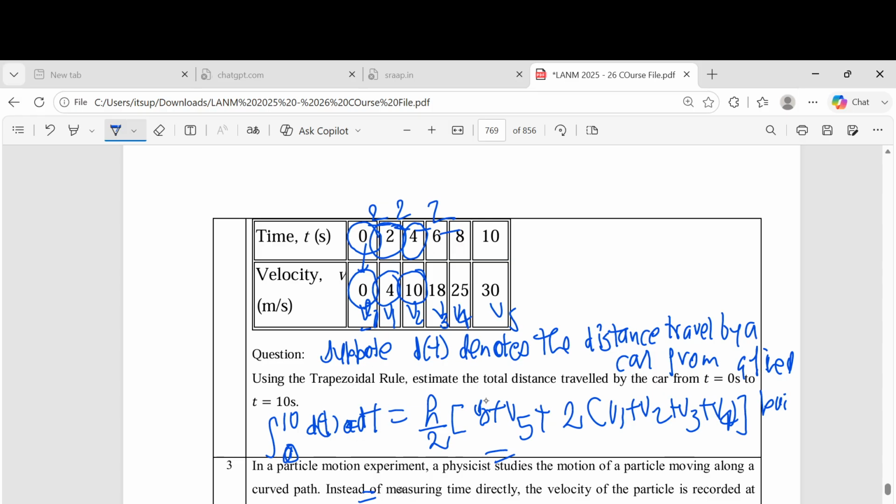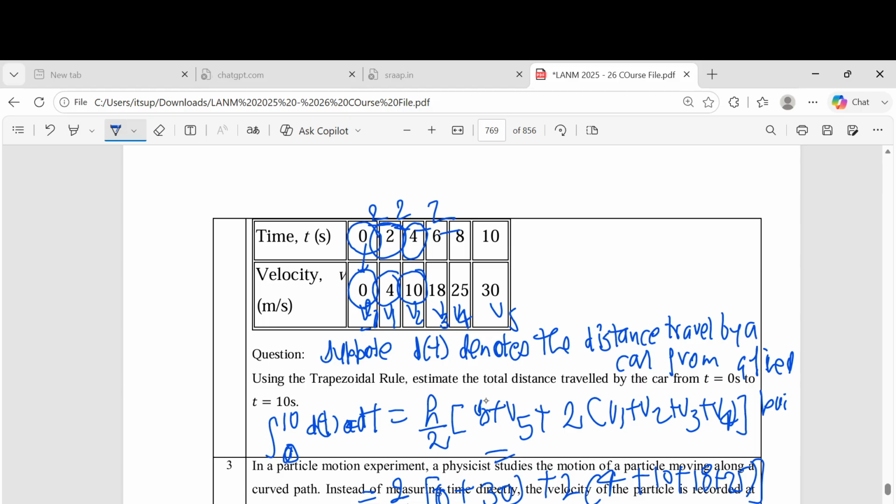So this is 2 by 2, 0 plus 30 plus 2 times 4 plus 10 plus 18 plus 25. Okay. So this becomes 2 by 2, 1.